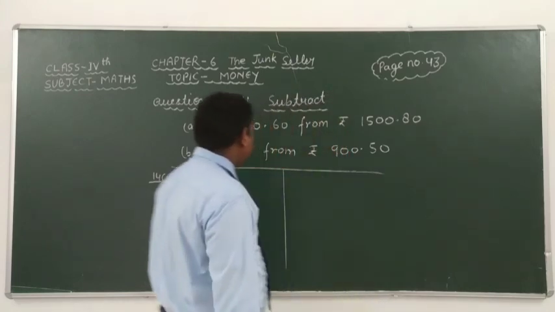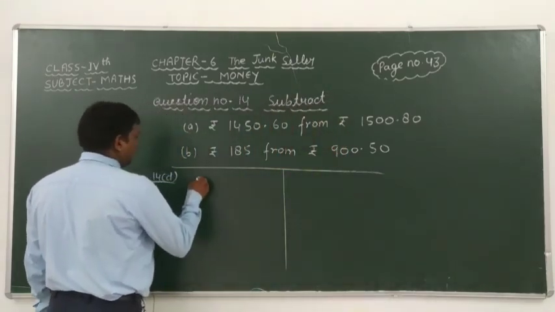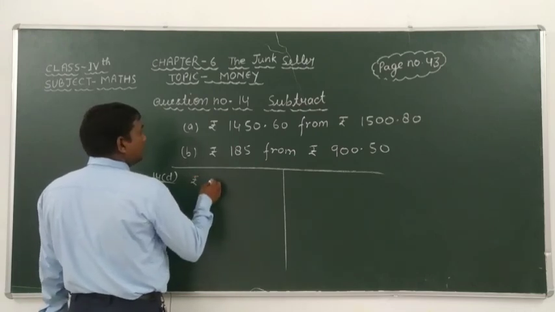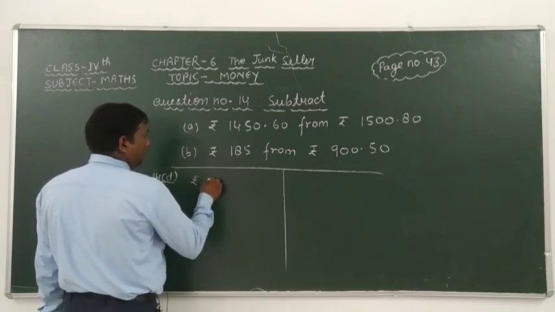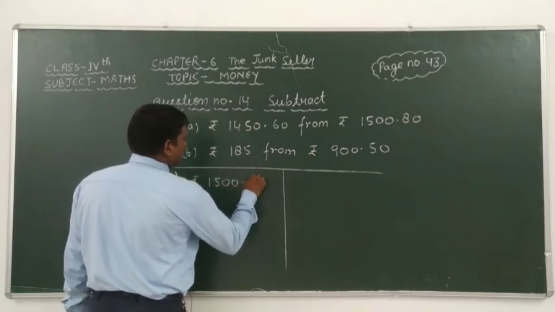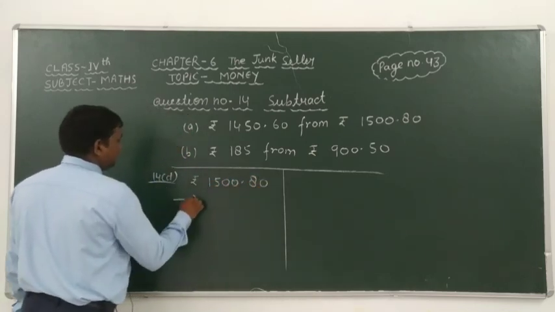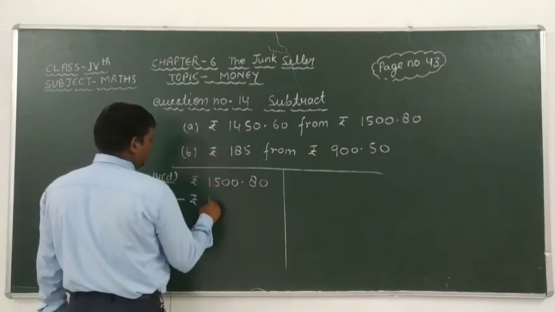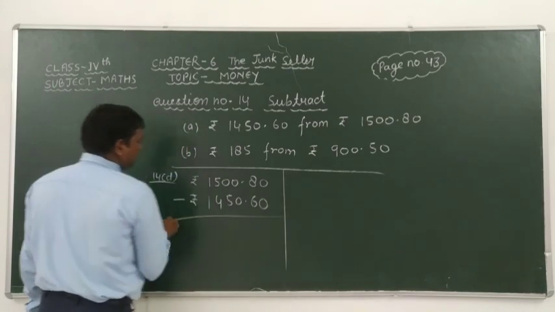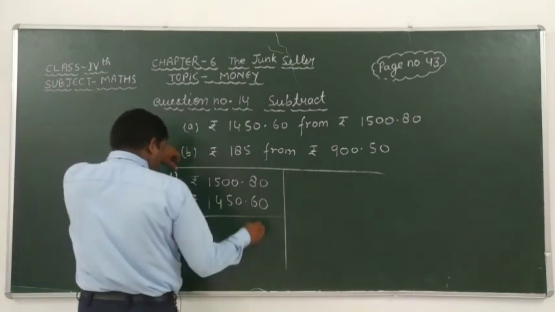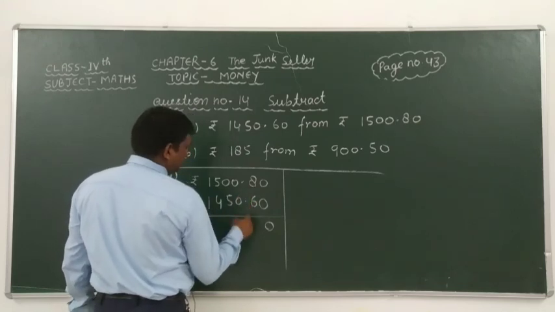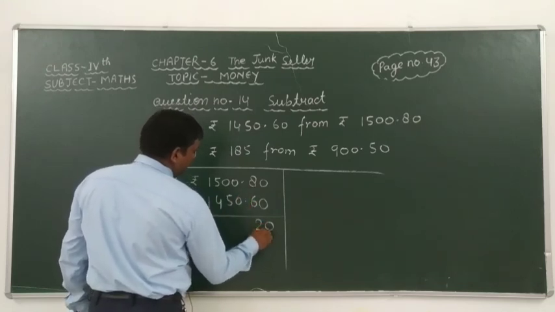Okay students, look at here carefully. Here we have to take 1500.80 minus rupees 1450.60. After subtracting these, here we get, look, 0 minus 0 is 0, 8 minus 6 is 2.